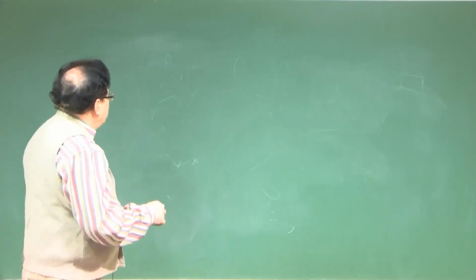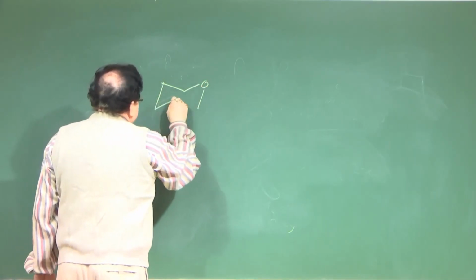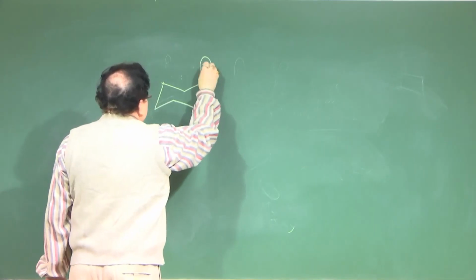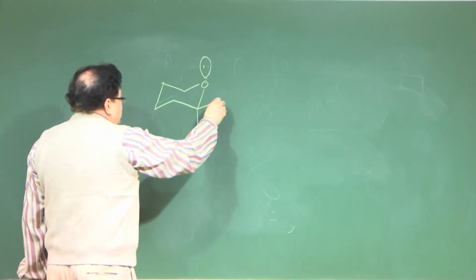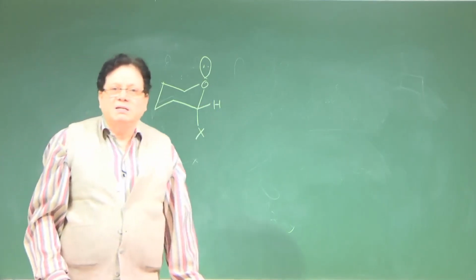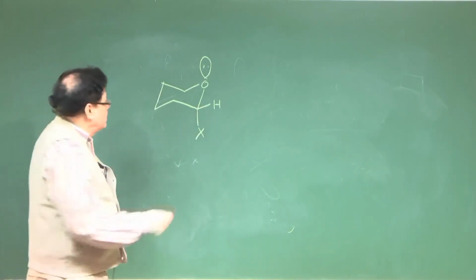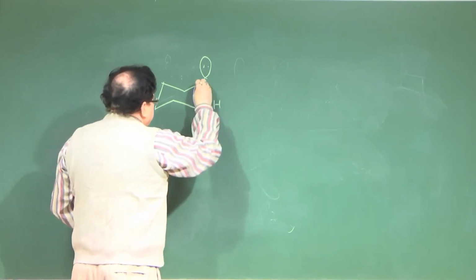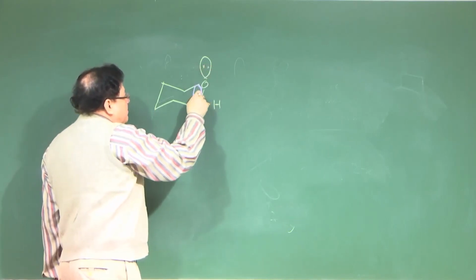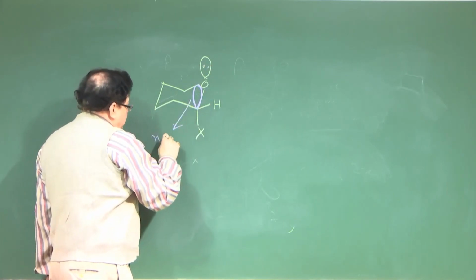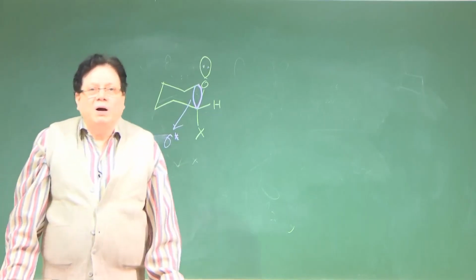Okay. Now, the third one is a molecular orbital approach. What it says is that when you have this C–X sigma bond, there is an antibonding orbital for the C–X, and that has a lobe on the opposite side, and a lobe on this side, which is vacant. This is the sigma star of the C–X bond.